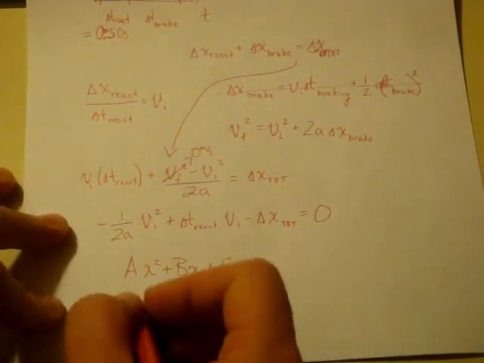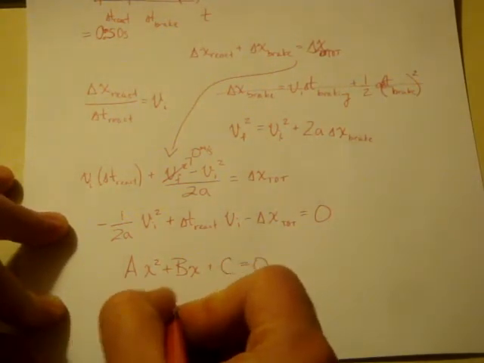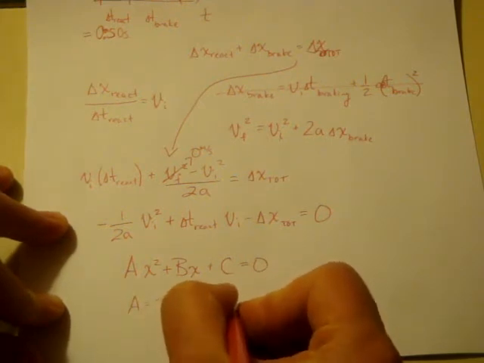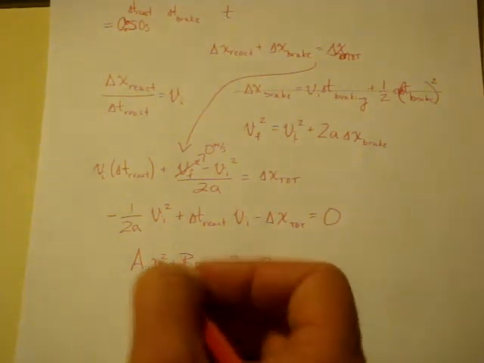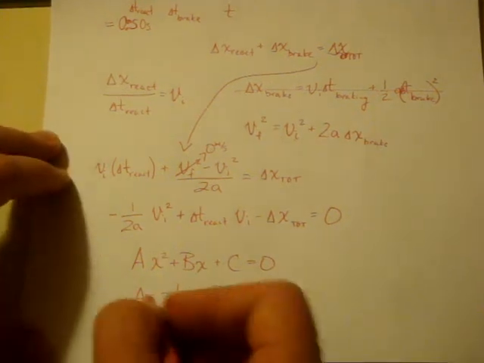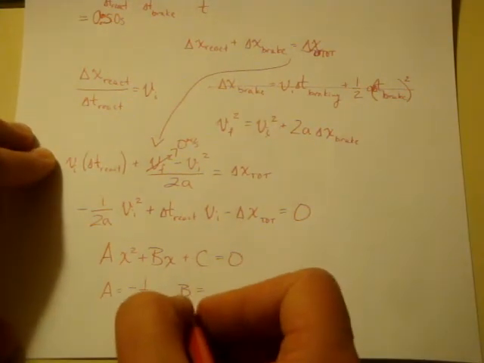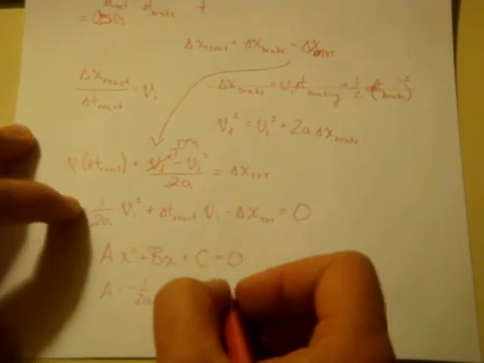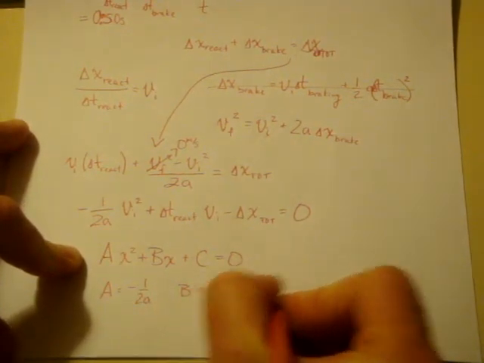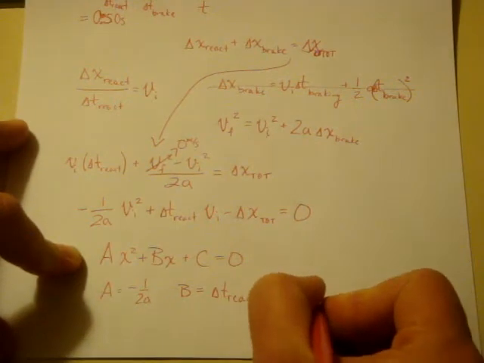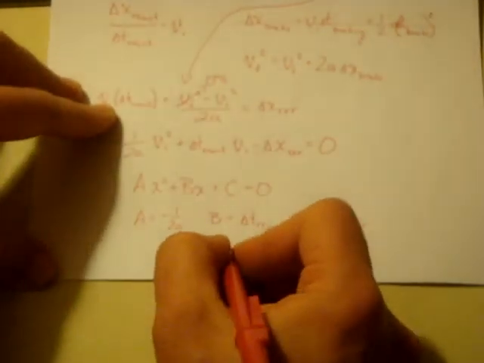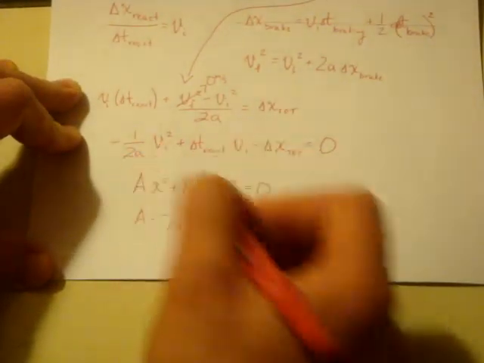In this case, a is negative 1 over 2a, b is equal to, actually, this is most often done with lowercase letters, so maybe this capital letter doesn't look quite as familiar. I'll just leave it with capitals for now, where capital B is delta t react, and c is equal to minus delta x tot. And you can plug those all into an expression that will solve, where x here is just the initial velocity.